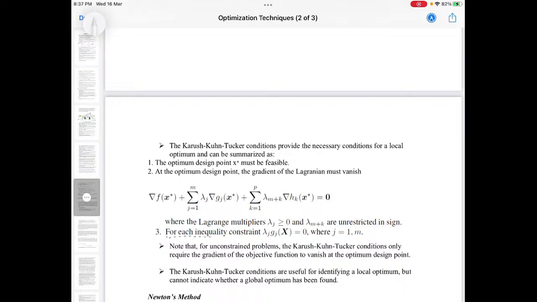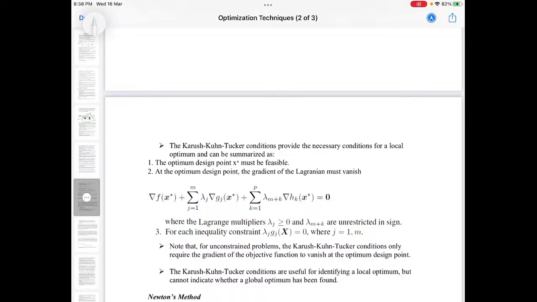For each inequality constraint, λj gj(x) equals 0, where j is equal to 1 to m. So these are the allowable values for j, that is, the interval 1 to m.